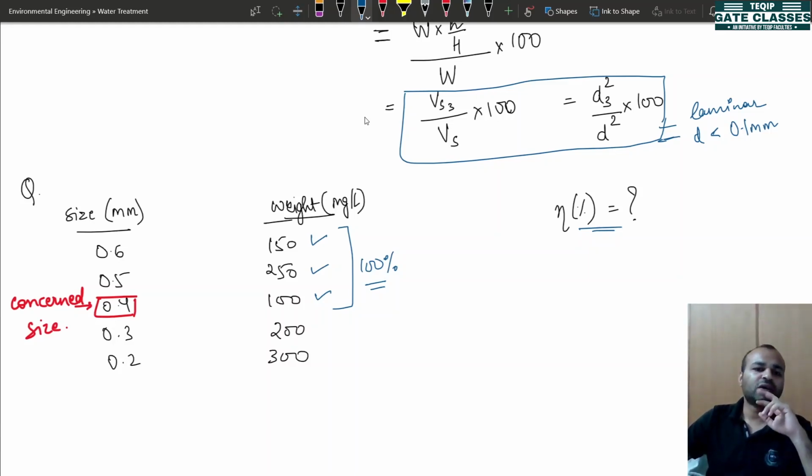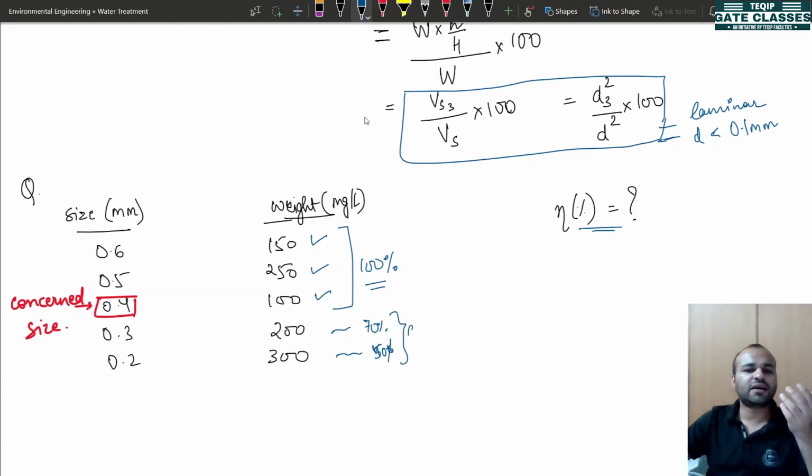Okay. Now let us assume randomly that for 0.3 size of particles, the efficiency of removal is 70%, and let us assume that for the particles of size 0.2, the percentage removal efficiency is, let us say, 50%. So these values are just purely assumed values.